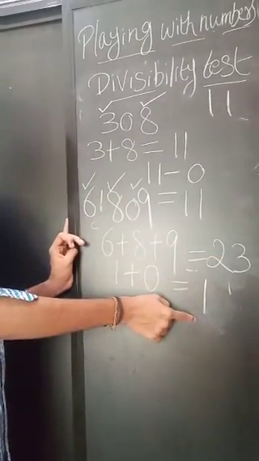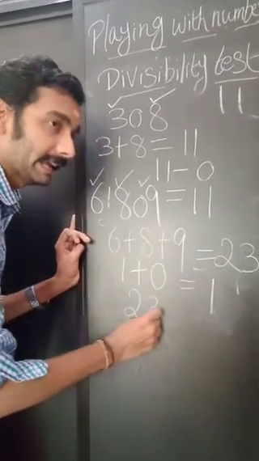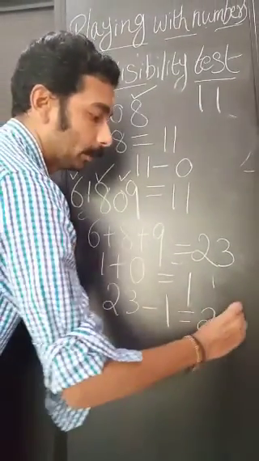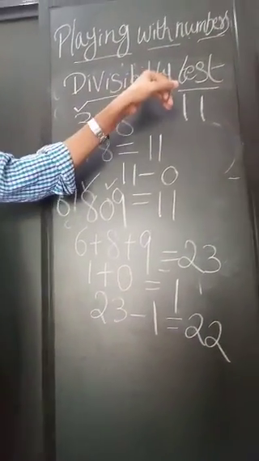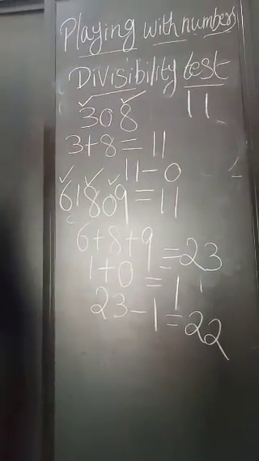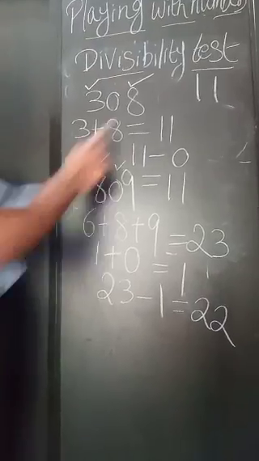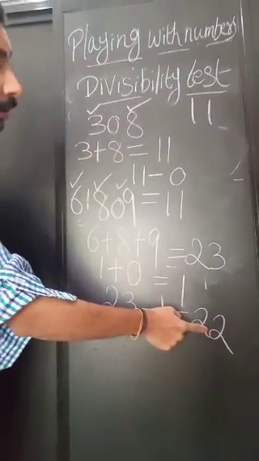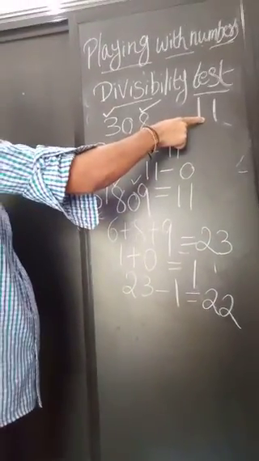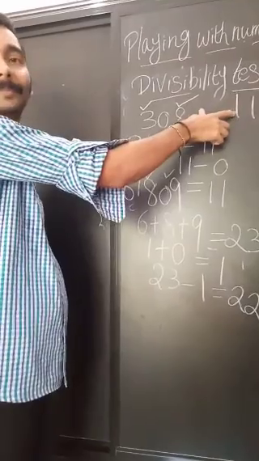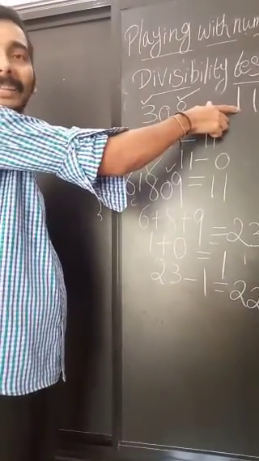Then 23 minus 1 is 22. 22 divided by 11 is 2. That means this number is also divisible by 11.